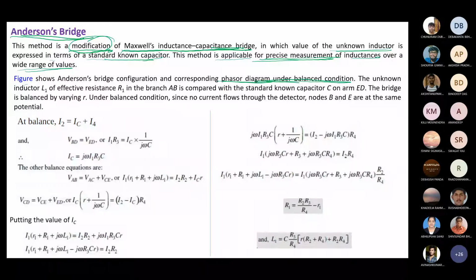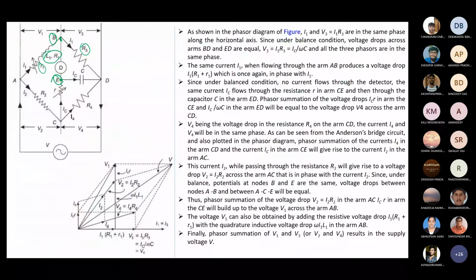The unknown inductor L1, effective resistance R1, means impurities, in the branch AB is compared with the standard known capacitor C in arm ED. Which arm? ED arm. Here we can see what is ED. That is our ED arm. One capacitor C is connected over there.